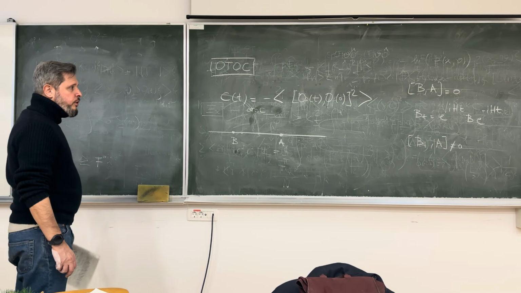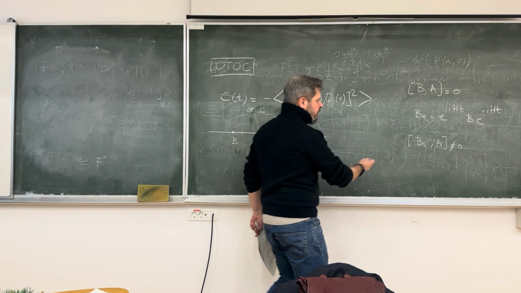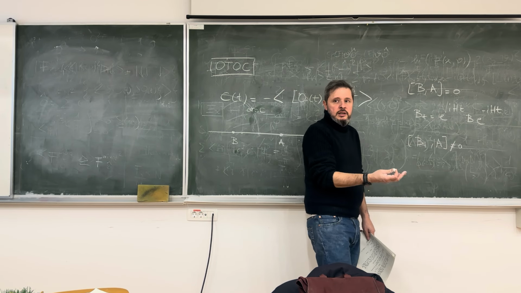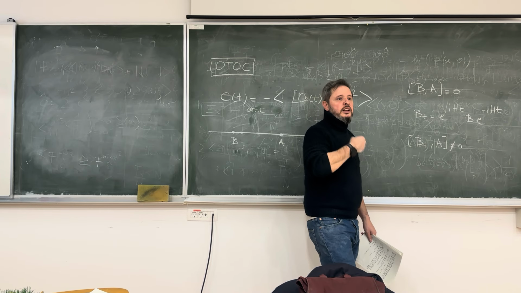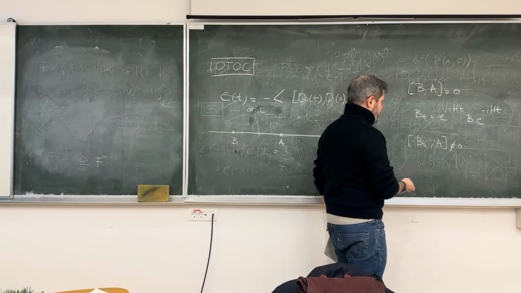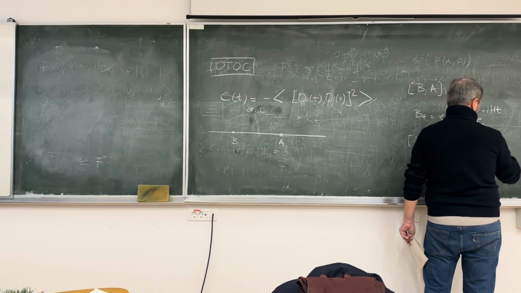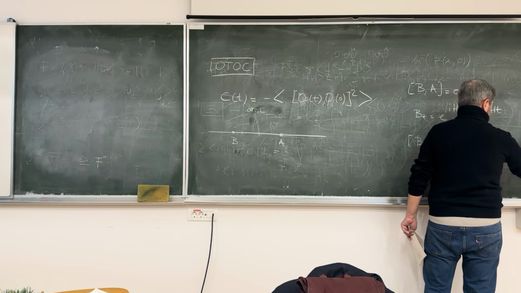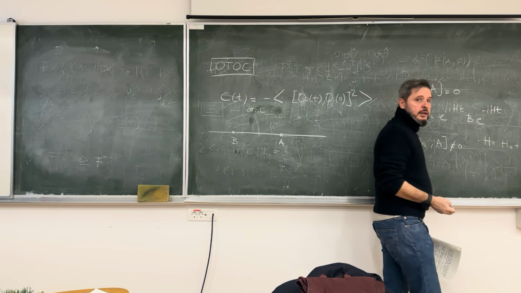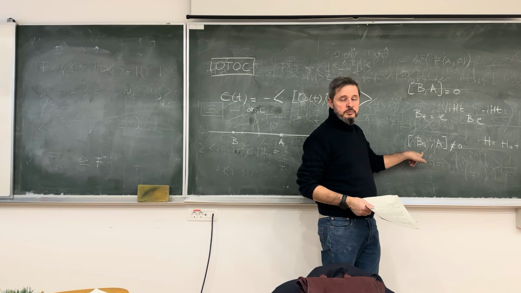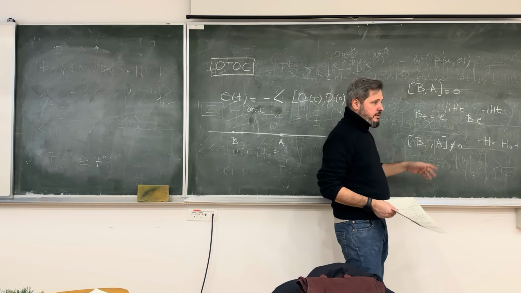Of course, the fact that these two start not commuting means that, in a practical sense, if you introduce in your Hamiltonian a perturbation proportional to A or to B, at some point this perturbation is going to have an influence on B, right? That's the point.